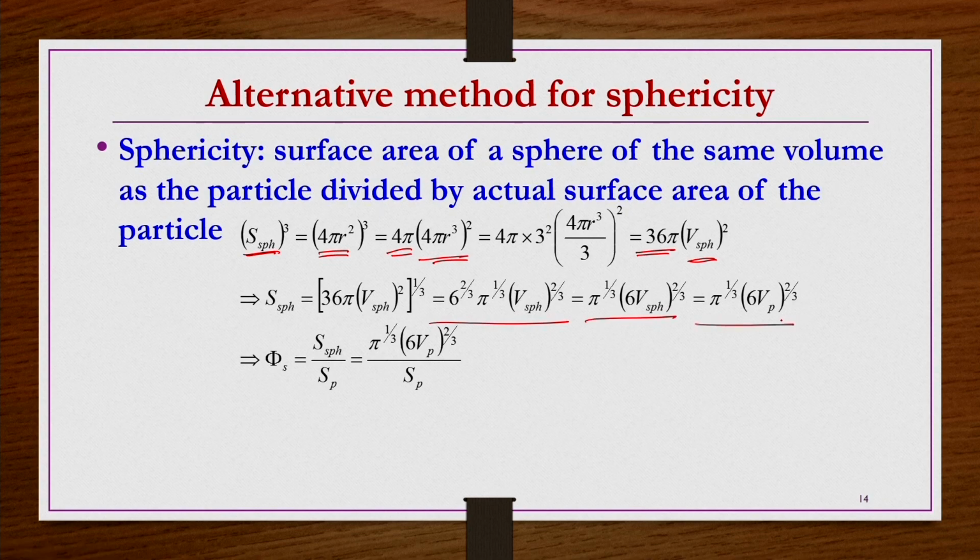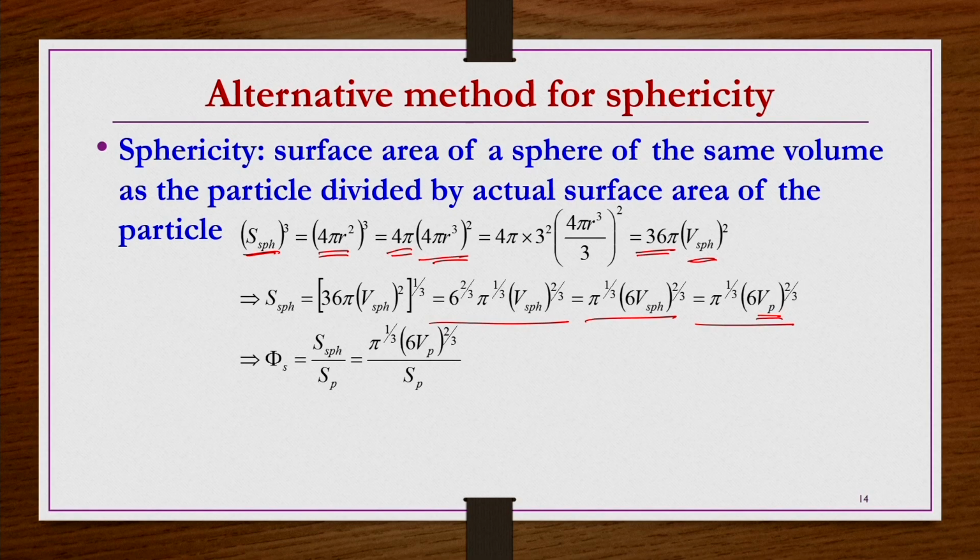Now, what we have in these definitions, the nominal diameter, the volume of the particle should be same as a spherical particle of size dp, or you should select a spherical particle whose size is dp, but its volume is same as the particle volume. So, this spherical volume V spherical should be equal to Vp, that is the particle volume.